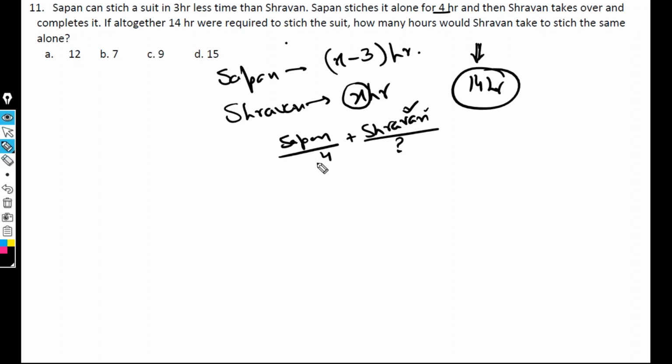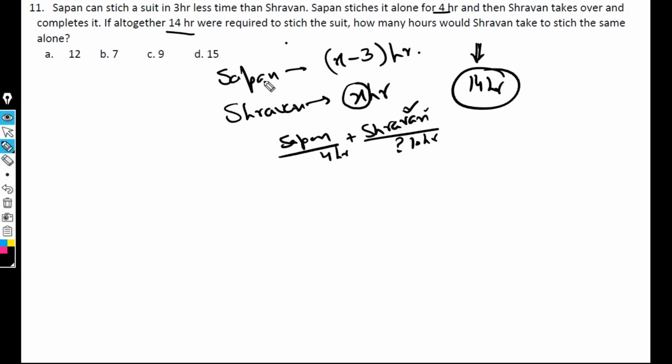Sapan stitches it alone for 4 hours and then Shravan takes over and completes it. It is 10 hours guys, good. So Sapan worked for 4 hours and Shravan worked for 10 hours. It is given that we required 14 hours to stitch the suit in the given pattern, right?